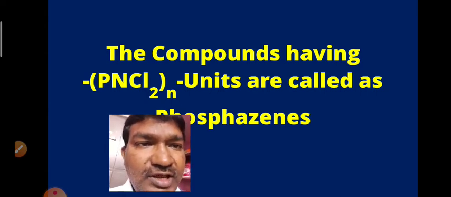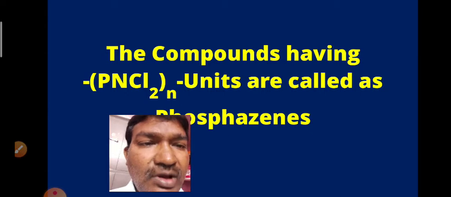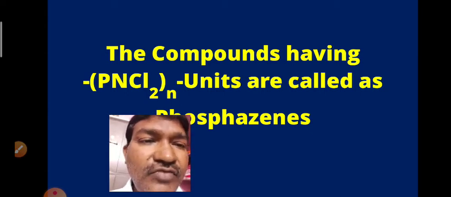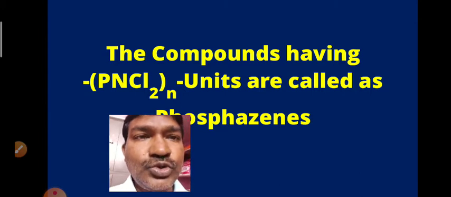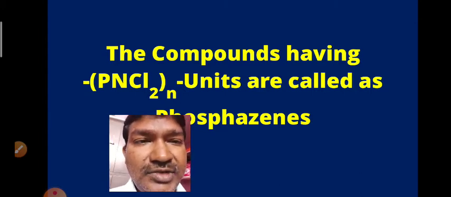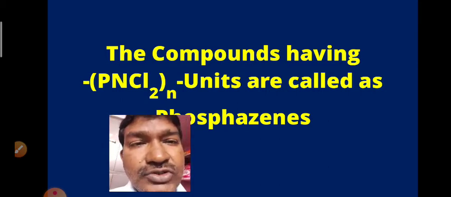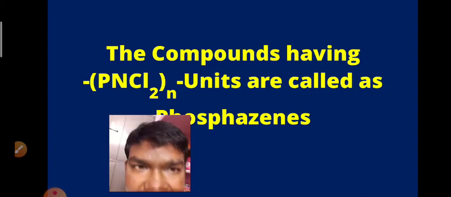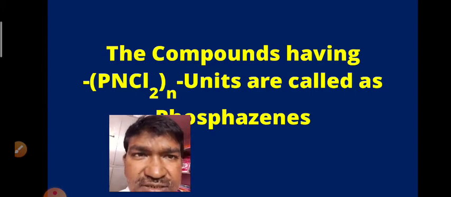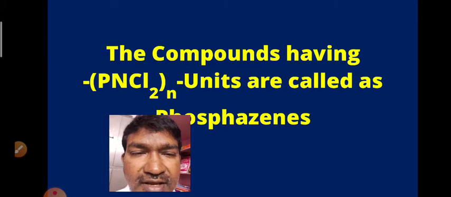So n may be 3, n may be 4 or n may be infinity. So n may get any value. Phosphazenes are the polymers that contain PNCl2 units. So the empirical formula of the phosphazenes is (PNCl2) taken n.